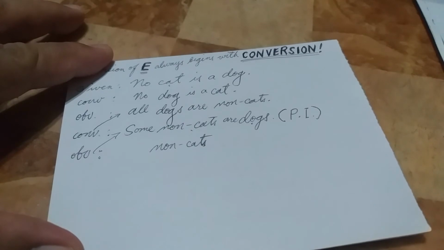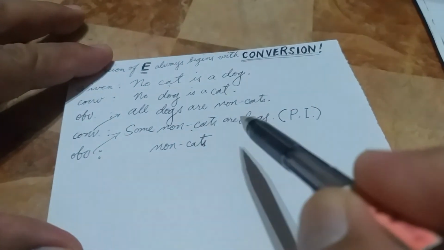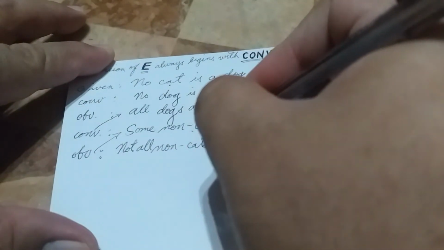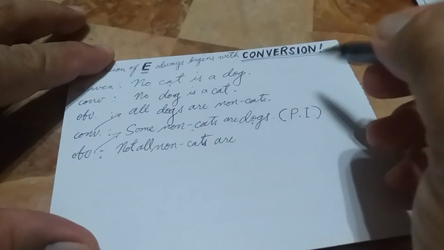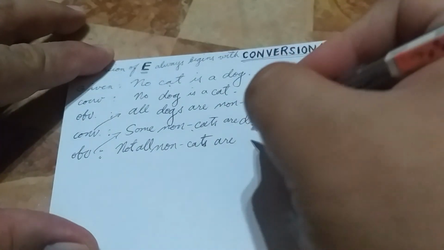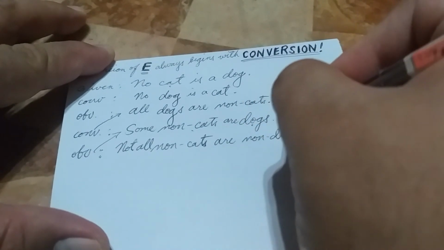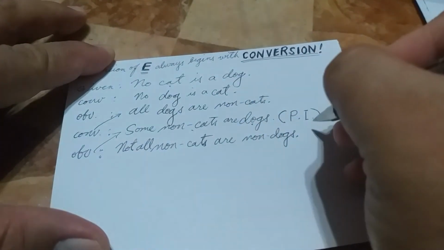Then change the quality of the copula from "non-cats are" into "not all non-cats are." Then lastly, contradict the predicate term from dogs into non-dogs.